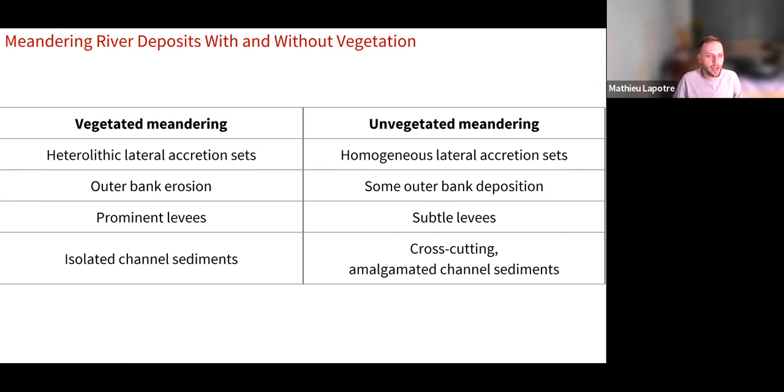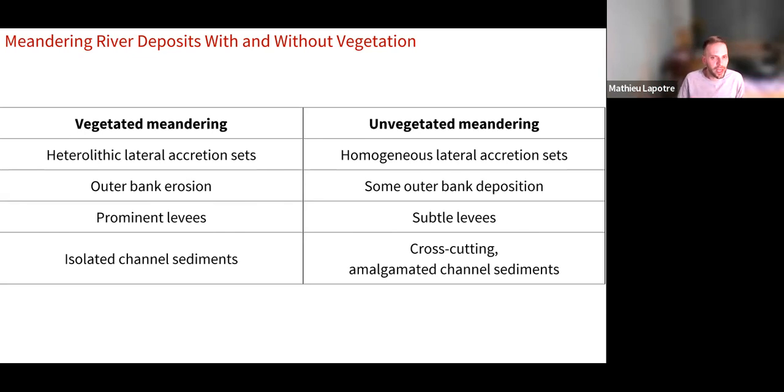That's the point I didn't really discuss. Levees are very, very subtle, impossible to detect by eye on the ground. We had to use very high resolution digital elevation models from LiDAR to actually detect anything, as well as cross-cutting, amalgamating channel sediments, as opposed to the typical isolated channel sediments we see in vegetated meandering systems.